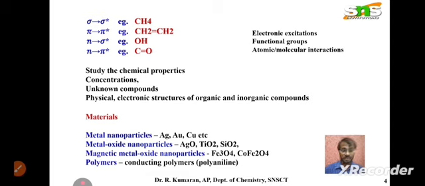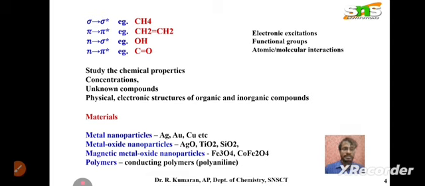For metal oxide nanoparticles, we know very well about oxides such as AgO, TiO2, SiO2, etc. And magnetic metal oxide nanoparticles, Fe3O4, which has magnetic property. Cobalt ferrite is also there.